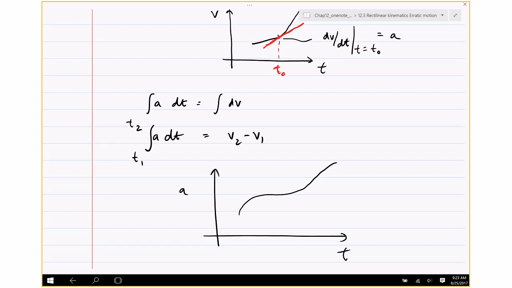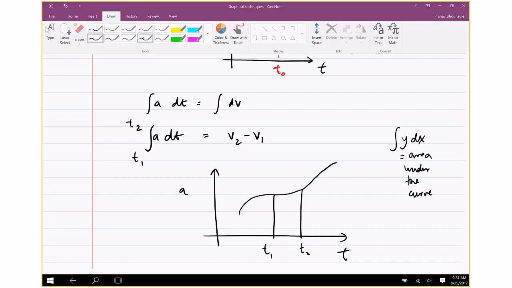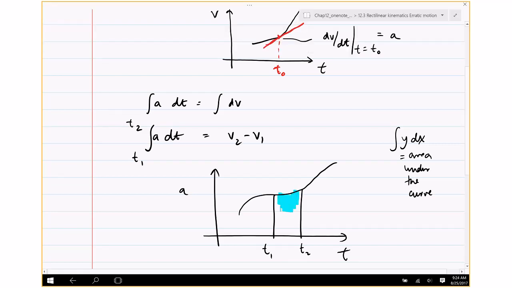What is the integral of y dx? It's basically the area under the curve. So if I want to find the velocity, I need to find the area under the curve. This is the area.